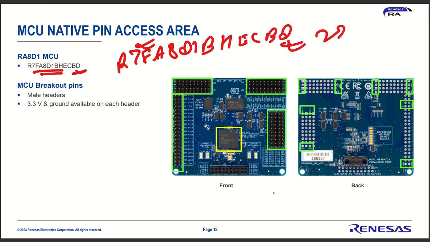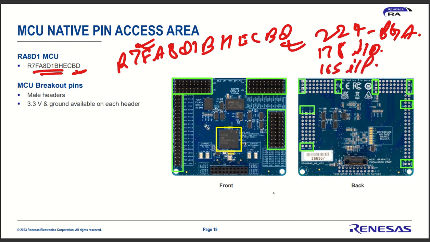This is a 224 pin BGA package, and it has 178 IOs. One more version has 165 IOs with the same pin configuration, 224 pin BGA.